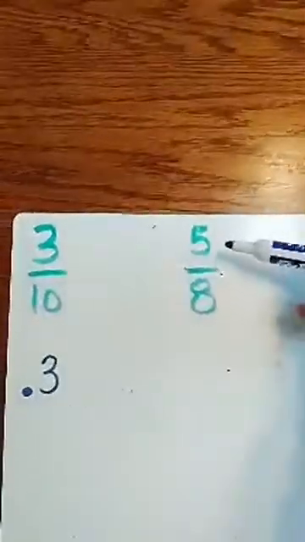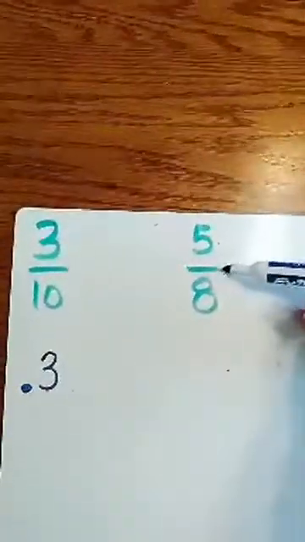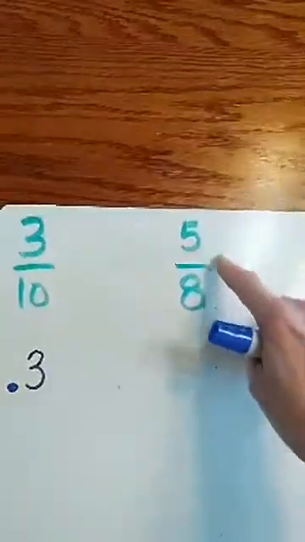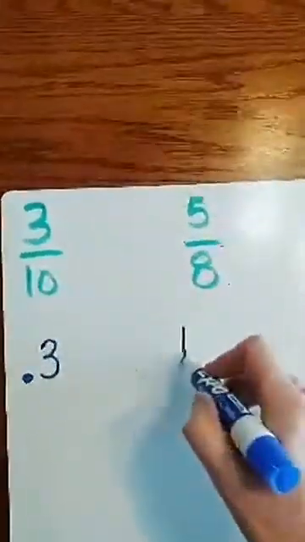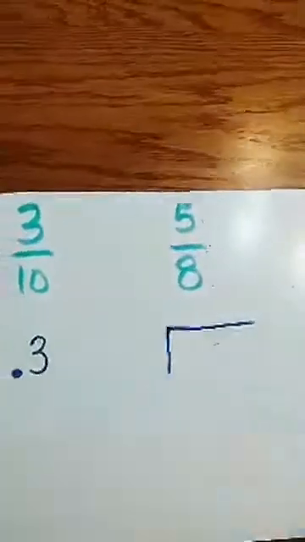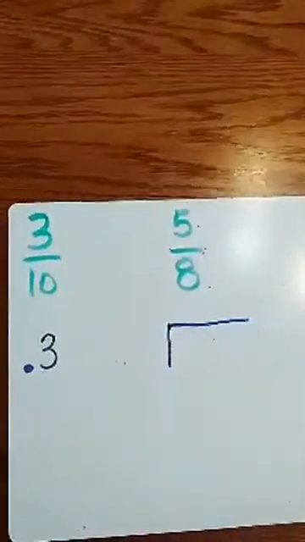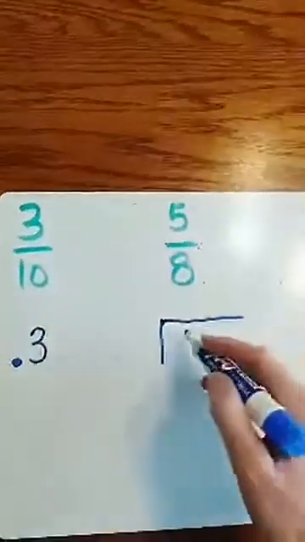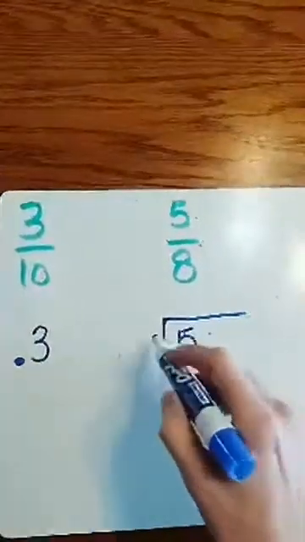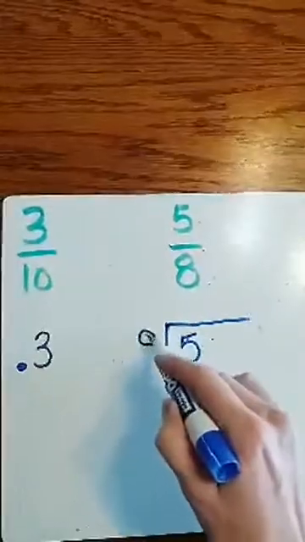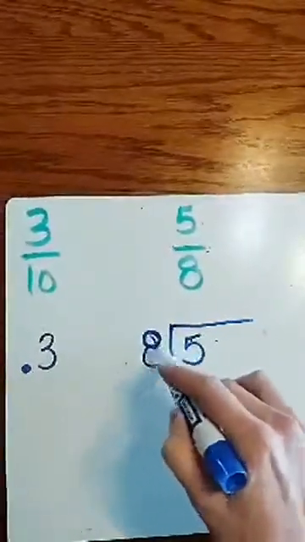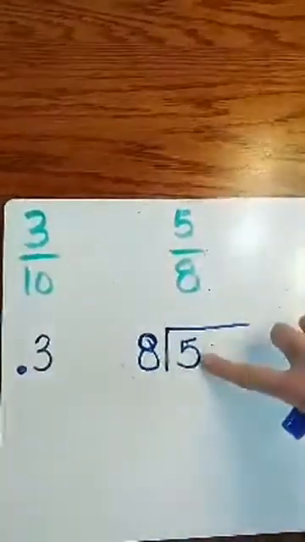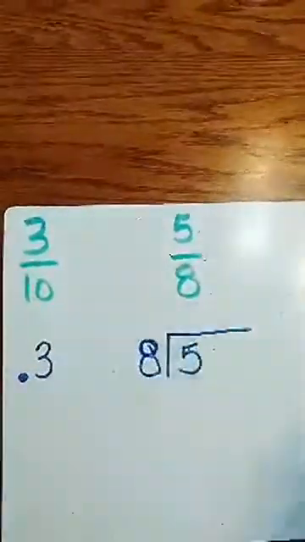Now, if I read it again, 5 divided by 8, because fraction bar means divide, that tells me how I'm going to know what the dividend is and what the divisor is. So if it's 5 divided by 8, my 5 is my dividend, my 8 is my divisor. 5 on the inside, dividend, divided by 8 on the outside, divisor.